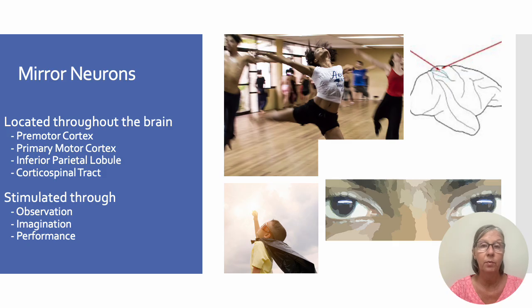We can stimulate them through imagination. So just like the child who has the superhero cape on, imagining he's a superhero, we can also stimulate those mirror neurons through imagining movement and also through performance of an action.